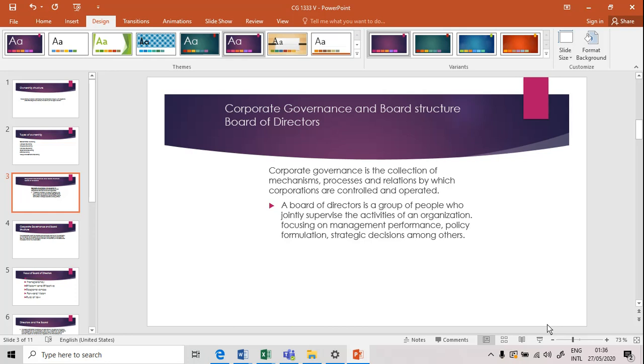So it is important to know that the shareholders elect the directors, and they also authorize them to run the company on their behalf. Now, the board of directors have quite a number of roles, and this is summarized by the King Report. I want you to also visit the King Report in your context. It's a South African report on corporate governance.